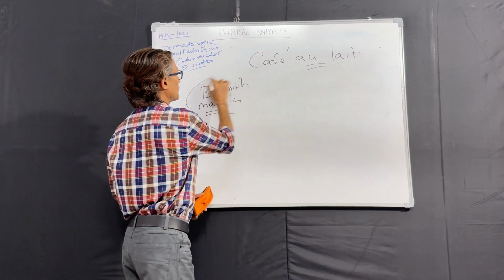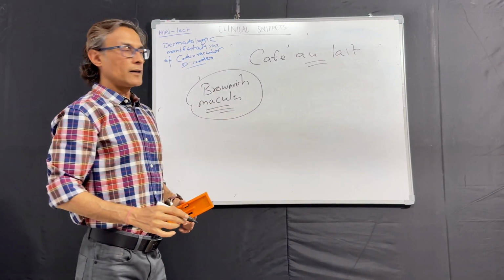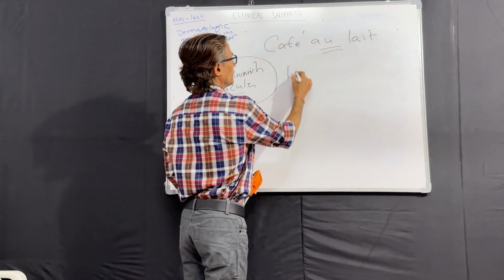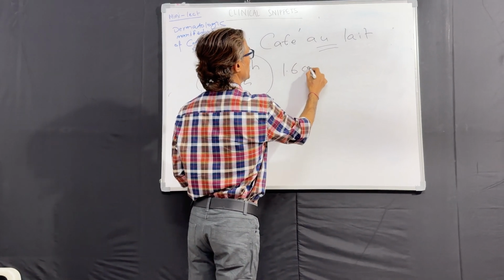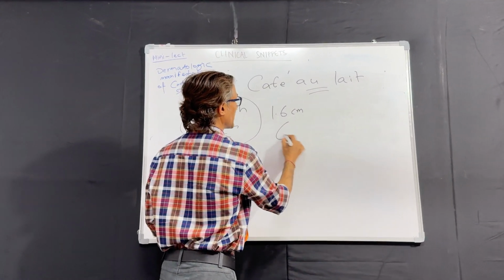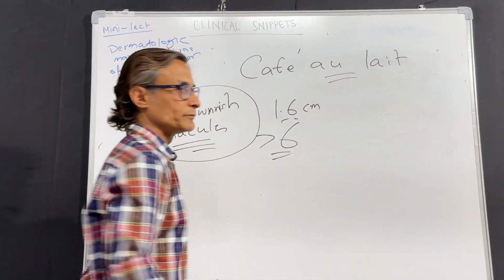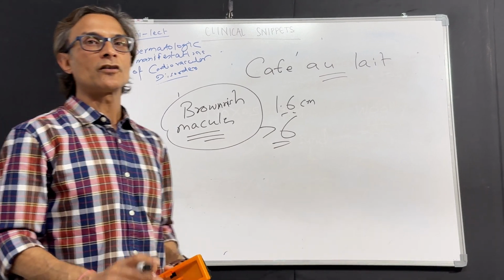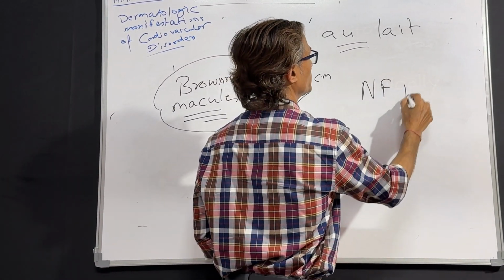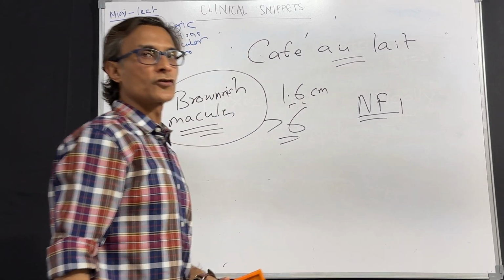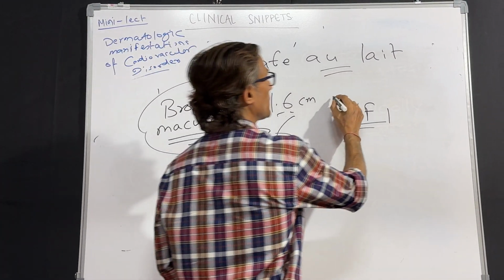There are brownish macules. If a macule is more than 1.5 centimeters in diameter and more than 6 macules are found, then one should think of underlying pathologies, especially neurofibromatosis 1. So café-au-lait macules equal neurofibromatosis.